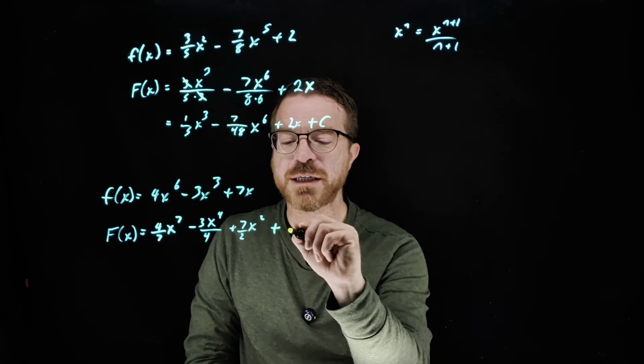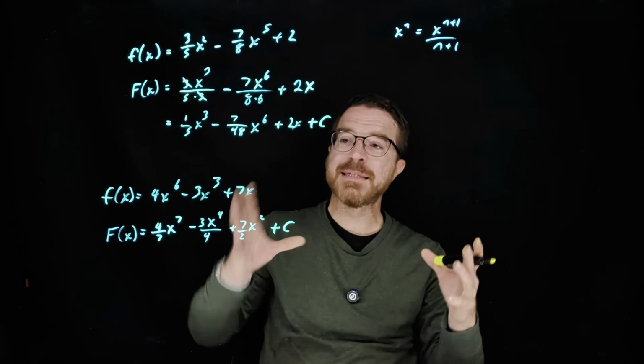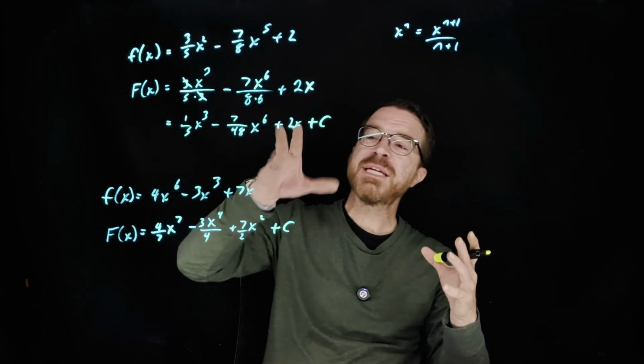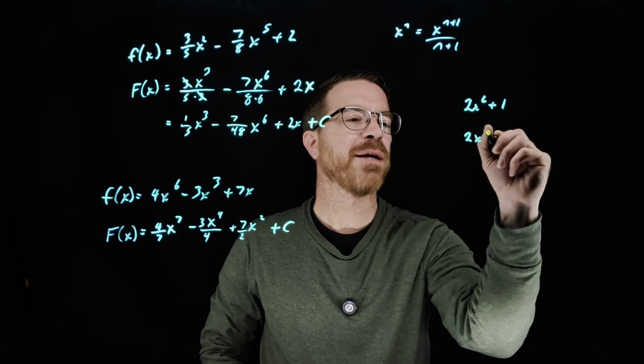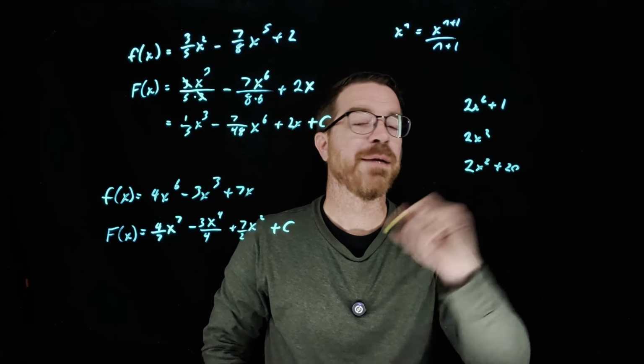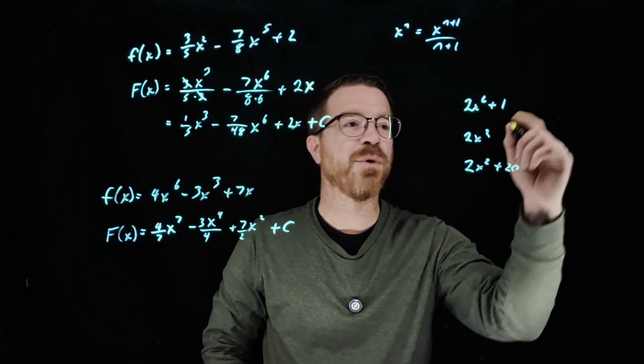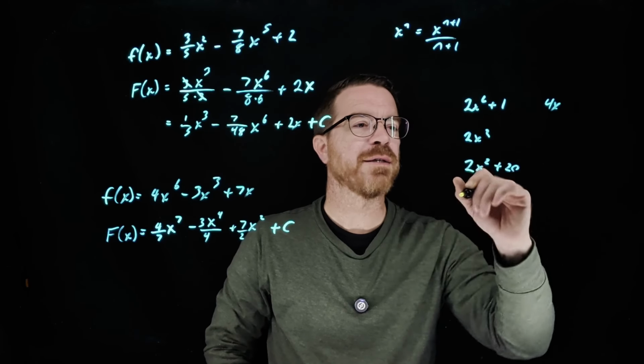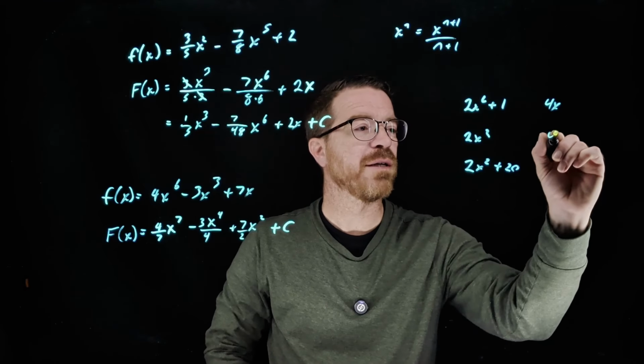Because remember, like we talked about previously in our classes, we always had to put plus c because when we'd have, let's say you have something like this: 2x squared plus 1, and 2x squared, and then 2x squared plus 20. If I took the derivative of this first one, I would get 4x. If I took the derivative of the second one, I would get 4x.